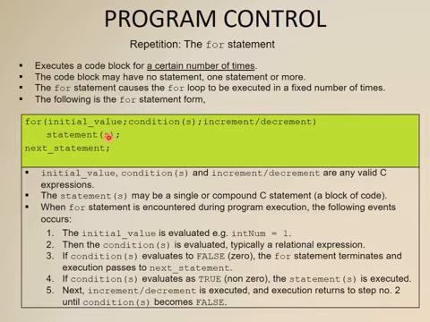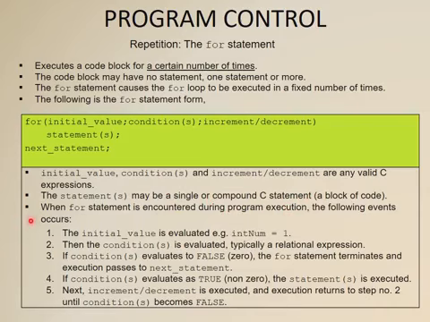So these statements will be executed multiple times: either no time, one time, or more than that. The initial statement, condition and increment are valid expressions in C. The statement may be a single or compound statement, that is, a block of code.